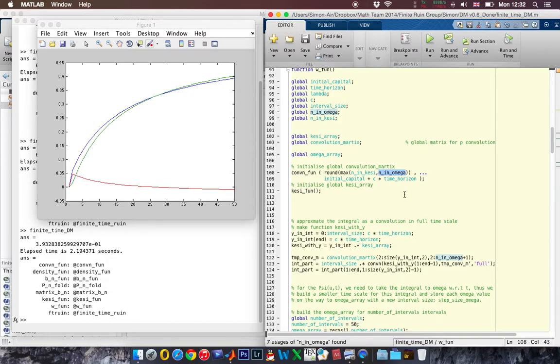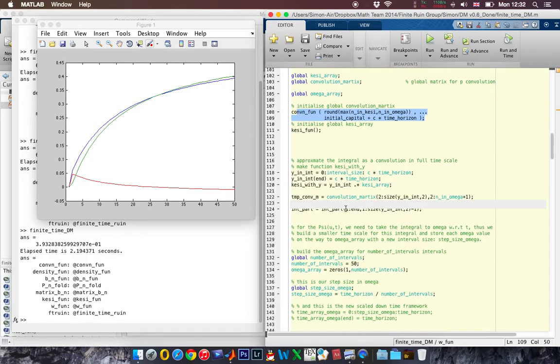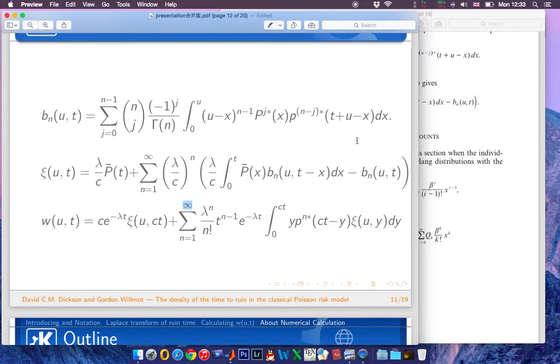So after building the very useful convolution matrix here, we come to the C function. As I just introduced, everything follows. We have the vector of c, we have the matrix of Bn, we have the convolution matrix capital P, which is used in calculating the Bn matrix.